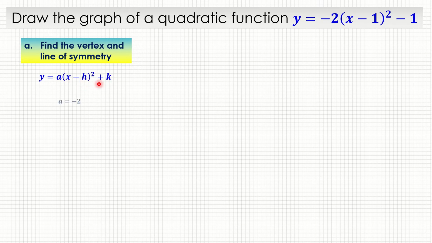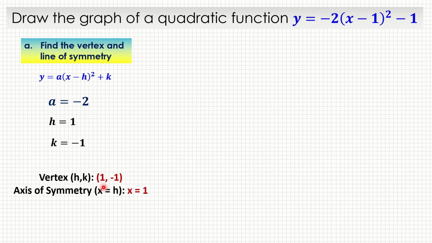So from here we have a is equal to -2, h is equal to +1, and k is equal to -1, according to the given equation. So since a is equal to -2, automatically our graph will open downward. Our vertex will be (1, -1) for the values of h and k here, while the axis of symmetry will be at x = +1.